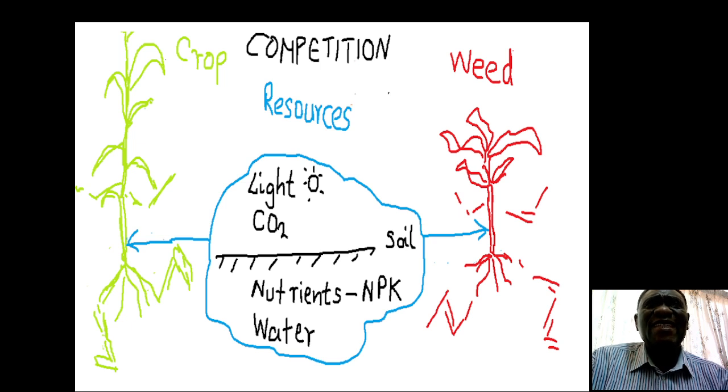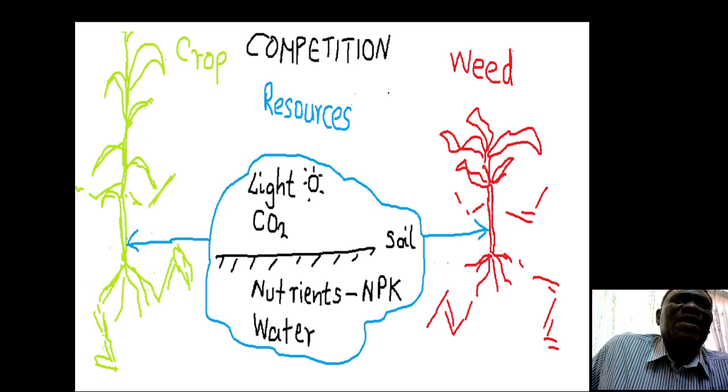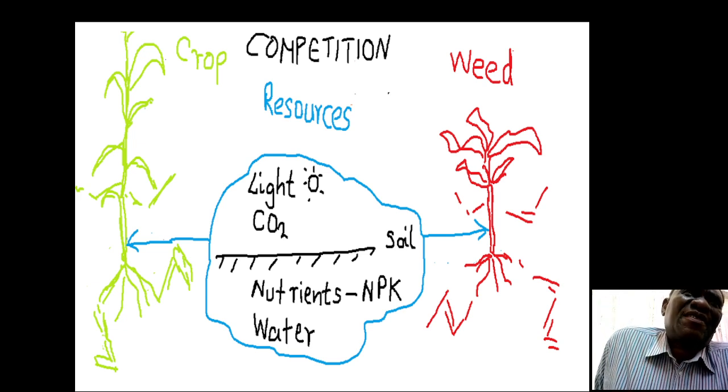So these are the processes in which weeds can affect the crops. But the key issue which is critical is competition, where the weed and the crop can compete for light and carbon dioxide above the ground, and also nutrients, NPK, and water below the ground.